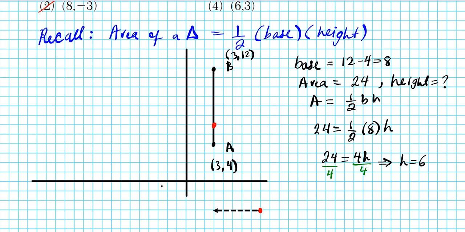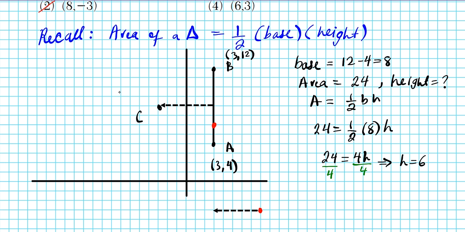That's negative 3. 8: 1, 2, 3, 4, 5, 6, 7, 8. Bam. Okay? So remember, we're just looking for the distance from this point to the line containing this segment. So how long is this distance right here? 1, 2, 3, 4, 5, 6. Perfect. This is exactly what we want.